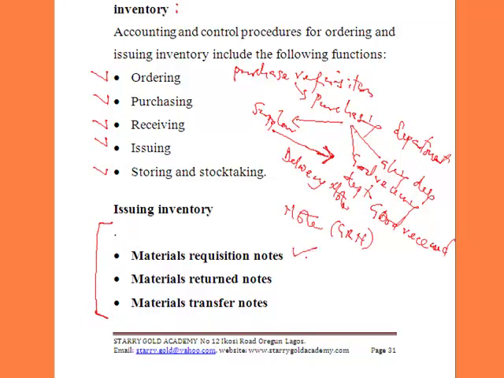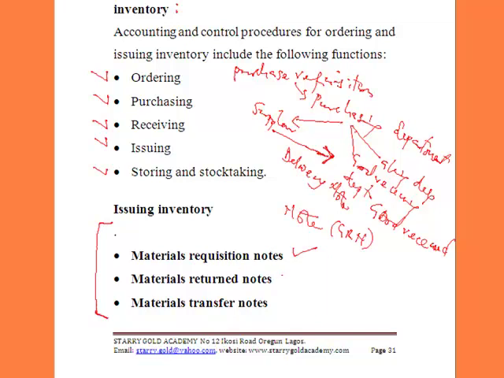The material requisition note is issued to the production department, and it is just to tell the storekeeper, or the man in charge of the inventory, to authorize him to release the required inventory for use, and then to record the same in the store ledger or the store records. So that's the material requisition note.